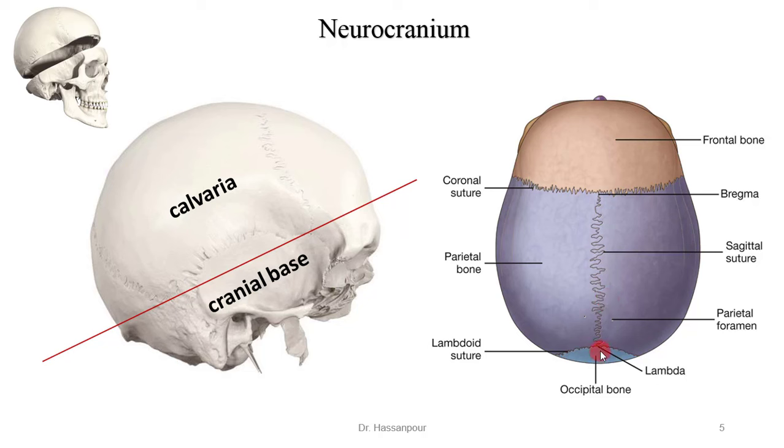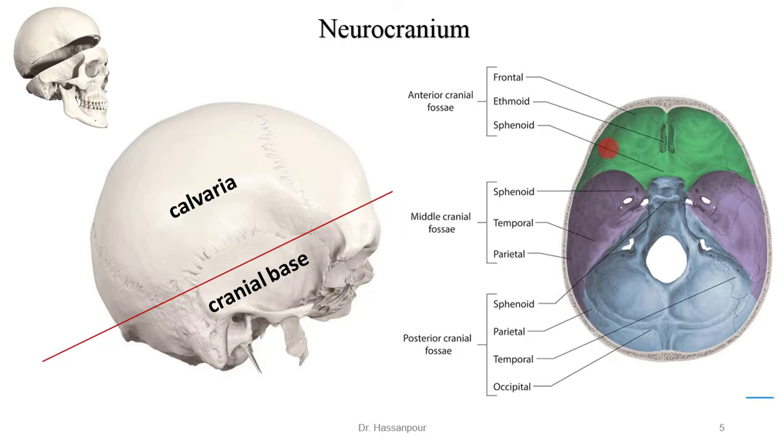From this view, you can also see these lines separating the bones of the skull. They are called sutures. As we mentioned before, the other part of the brain case is the skull base, which is the lower portion of the neurocranium.